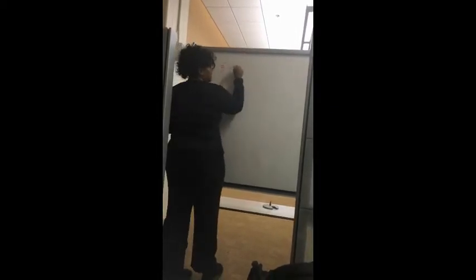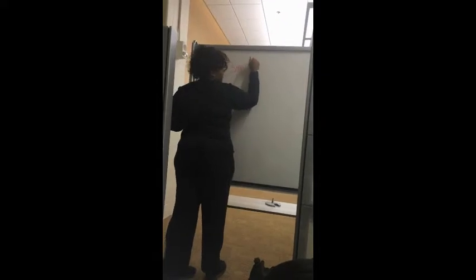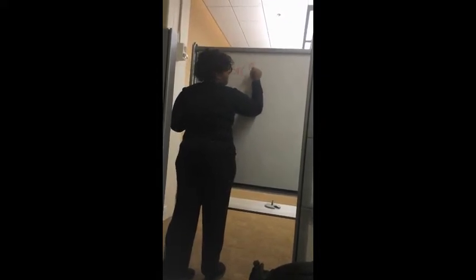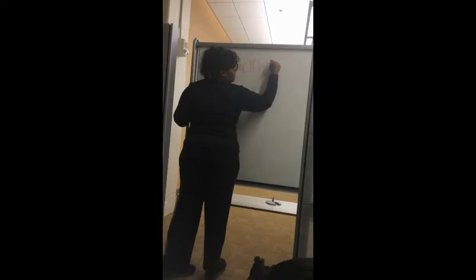Which is sine of 7 pi over 12, and this equals 105 degrees.